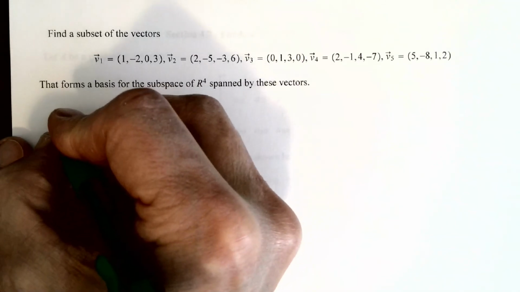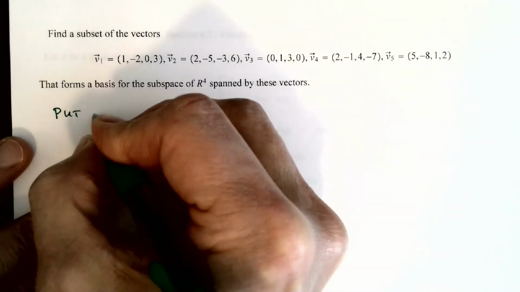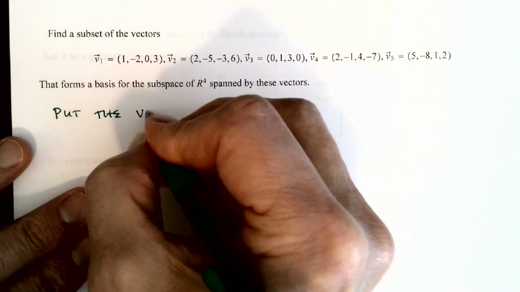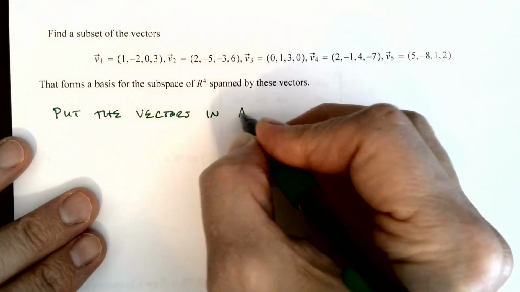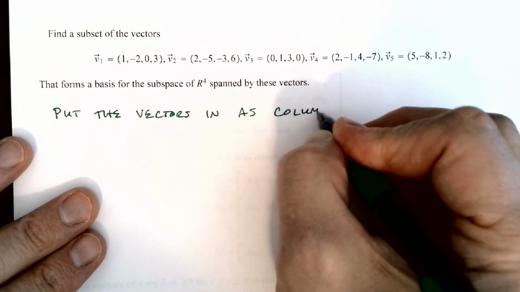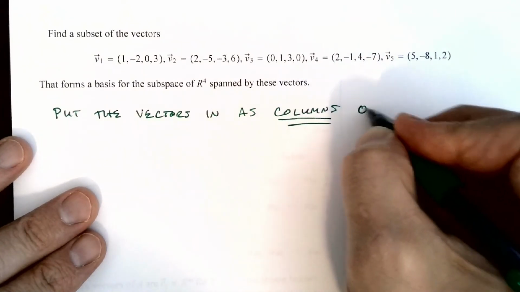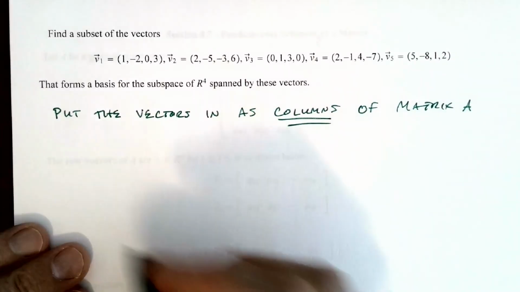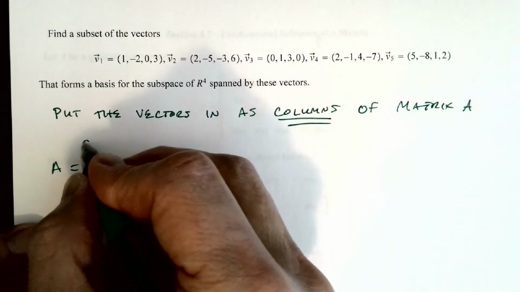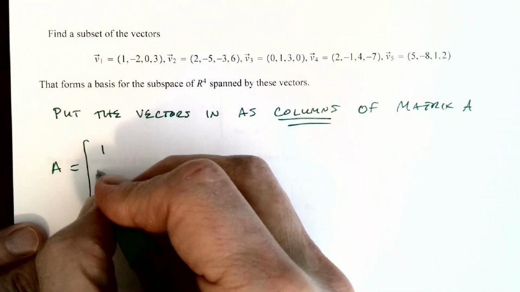Here's what we do. We are going to put these vectors in as columns of the matrix A. Right? So I'm going to create a matrix A, and I'm just going to slide in these as the columns.